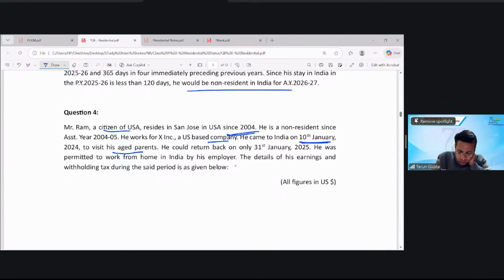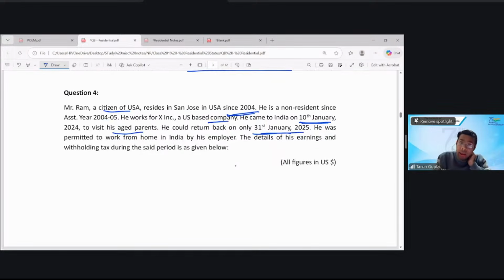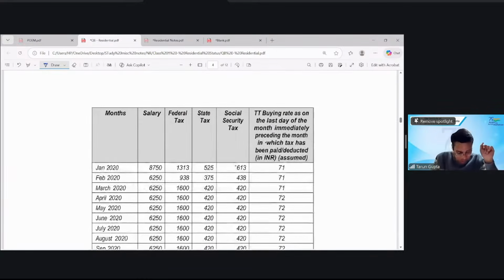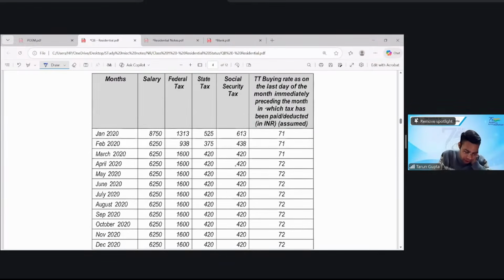He could return back on 31st January 2025. He was permitted to work from home in India by his employer. So while he was in India, he was working. The details of his earnings and withholding tax during the said period are given below. It's given for the months January, February, March, April: salary, federal tax, state tax, social security tax, and the exchange rate. Okay.